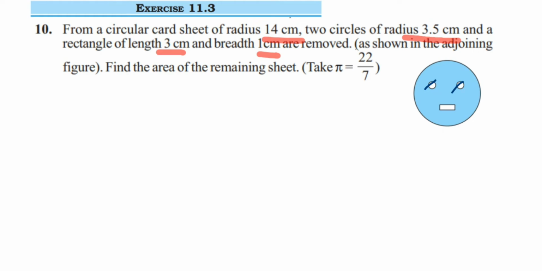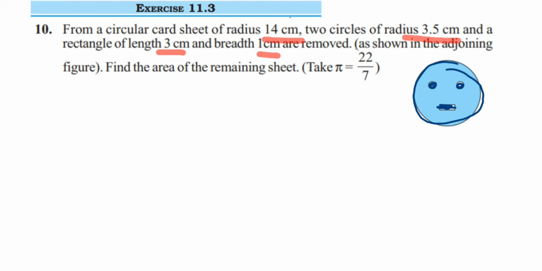We have to find the area of this rectangle. Once we have found the area of the small circles and rectangle, we're going to remove it from the area of the big circle. I hope this is clear. We have to subtract the area of these circles and this rectangle from this whole big circle.